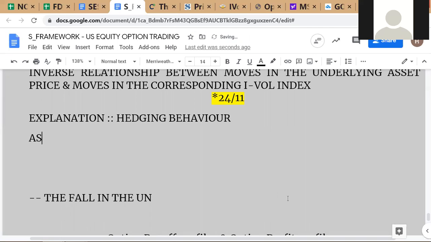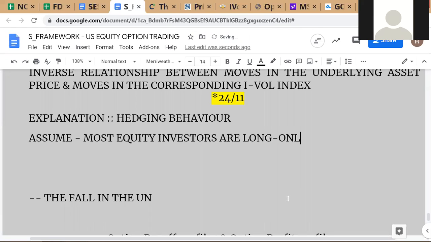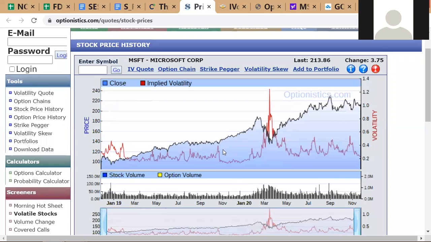Assume most investors are long, which is not a very erroneous assumption actually. Most equity investors are long only, so they don't go short.